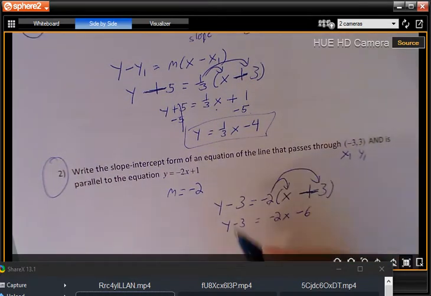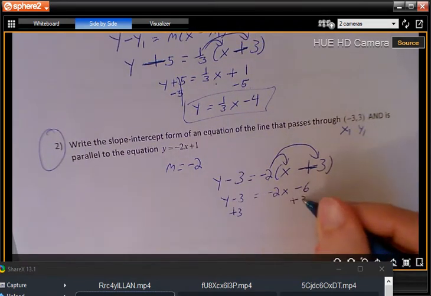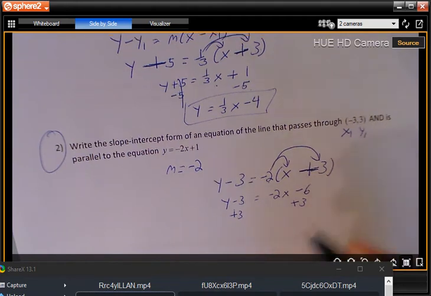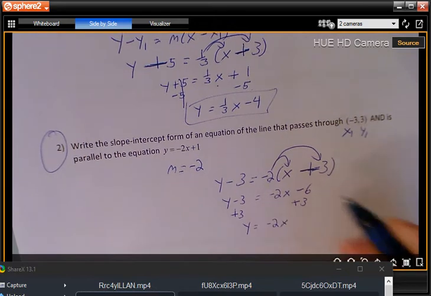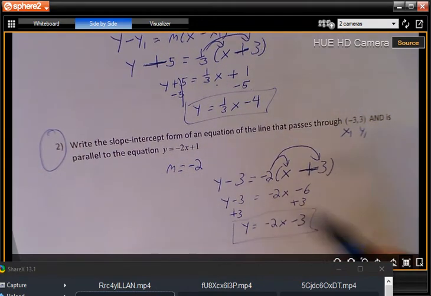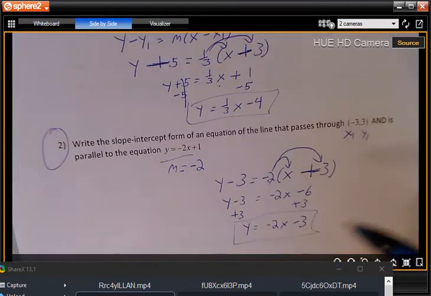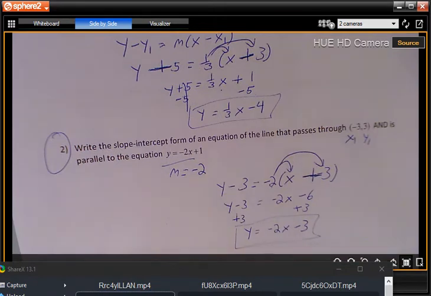Now I am going to add 3 to each side, making sure I do it under the ones that are the same. So y equals -2x minus 3 is my final answer. These two lines are parallel to each other. They have the same slope, different y-intercepts. We're going to look at one more.